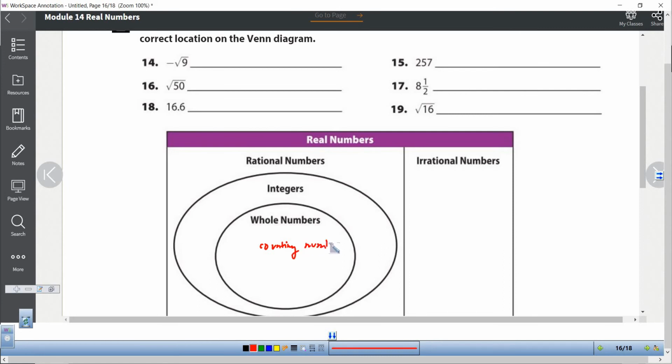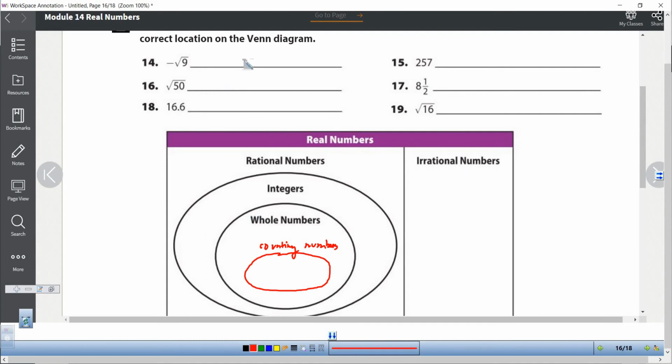The book doesn't expect you to do that, or natural numbers, but I want you to know that actually is a category. Anything you can count on your fingers is a counting number. Add 0, you have whole numbers. Add the opposite of whole numbers, you add integers. Add fractions and decimals that end or have a pattern, and you have rational numbers. Add irrational numbers, and you have real numbers.